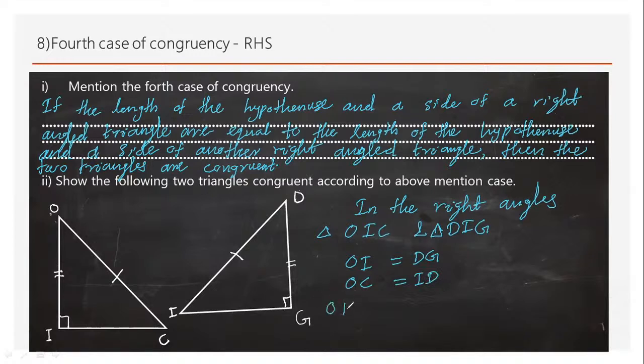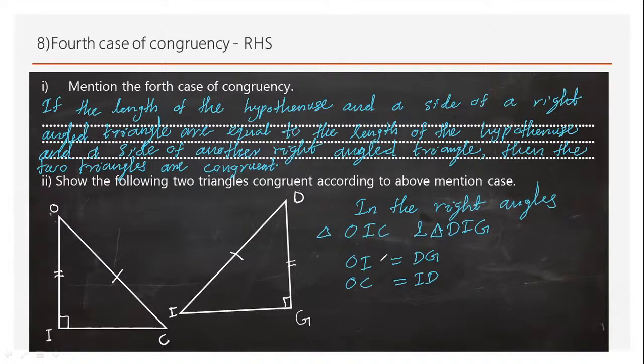That's the angle OIC, DIG, sorry, right angle, we need not mention even this one. IGT, right? Right angle triangles we have mentioned, so no need to mention this thing. It is a right angle triangle.